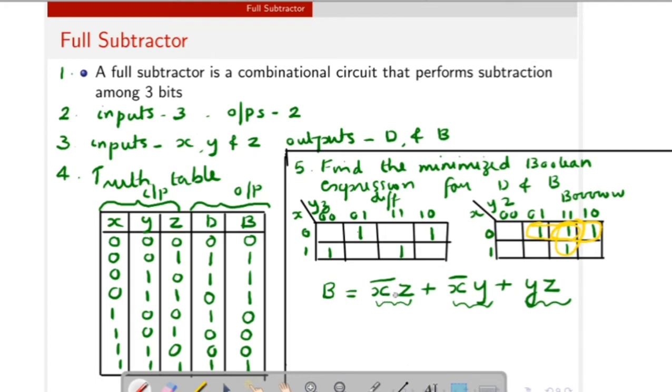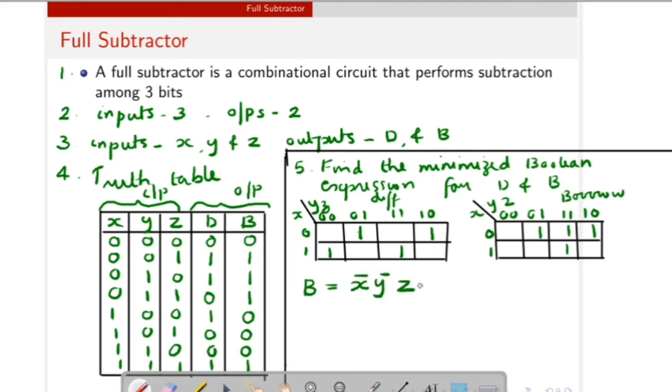Okay, so we write all the minterms as such without any grouping. We write the borrow expression as b is equal to: the expression for this one is x bar y bar z, plus this one is x bar y z, plus this one is x bar y z bar, plus this one is x y z.